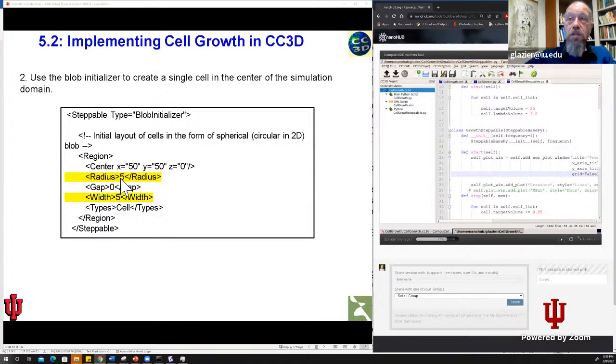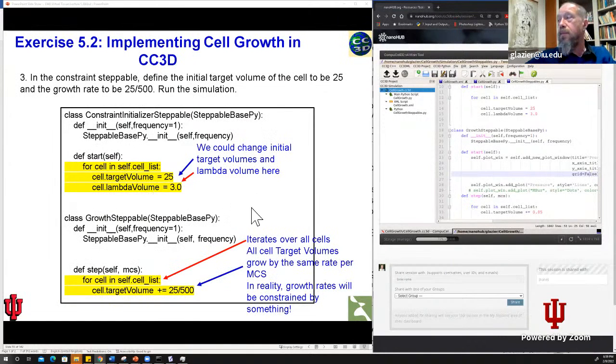Edited the initializer to create a radius 5 domain, so there's only one cell to begin with. Then added the initial volumes of the cell here. And then had the cell grow. And I have it growing here probably too slowly. Let's try 25 divided by 500.